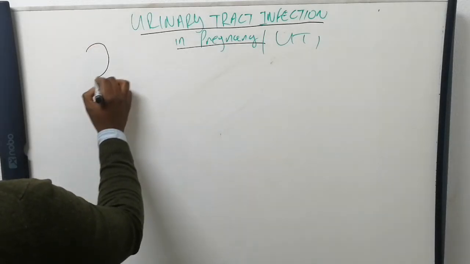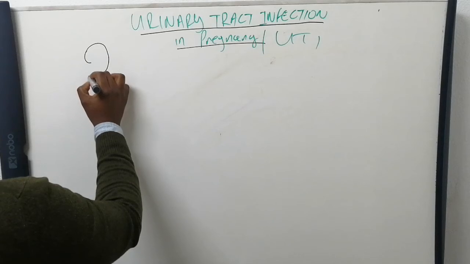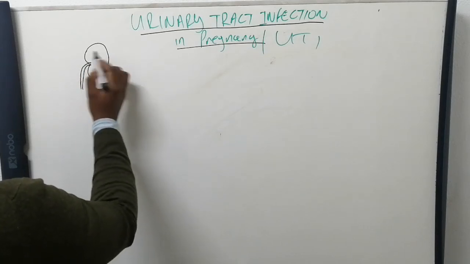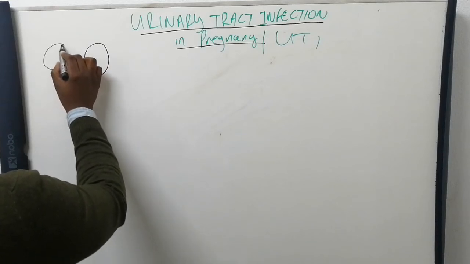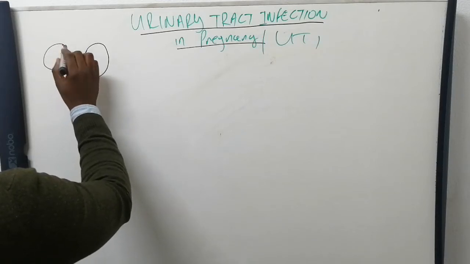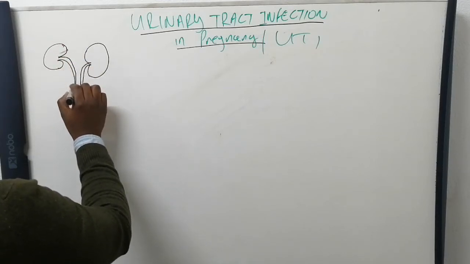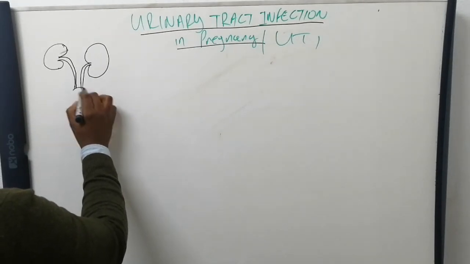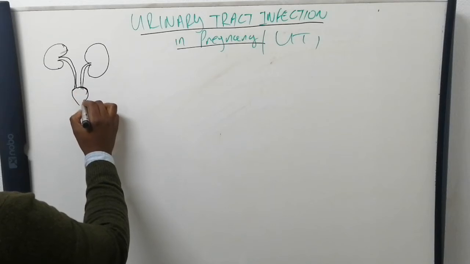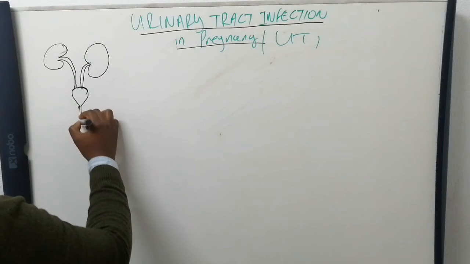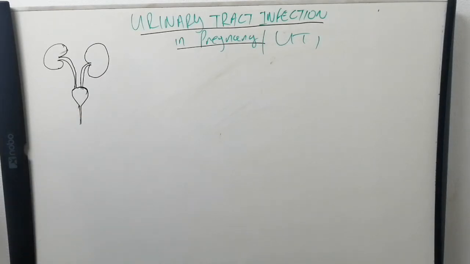Now, if we draw our urinary tract like that, this is our left kidney, and on the other side is our right kidney, and both kidneys deposit the urine into the bladder and out through the urethra.